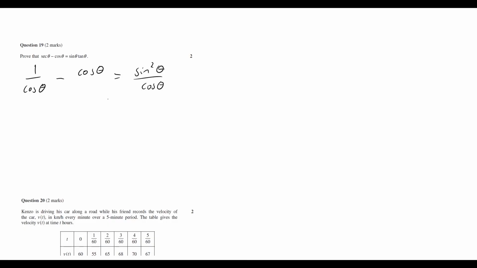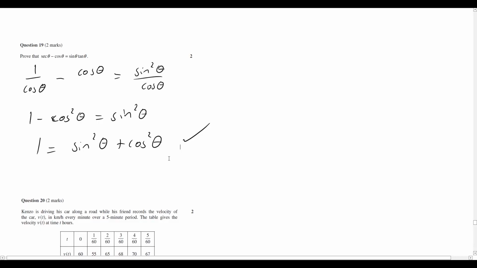Now what we should do is multiply everything by cos theta, so that way we'll end up with 1 minus cos squared theta is equal to sine squared theta. And so now if we add cos squared theta to both sides, we see that we have 1 equals sine squared theta plus cos squared theta. And that's a given formula that we should know by now, and I believe it might also be on your formula sheet. Okay, so that's question 19.